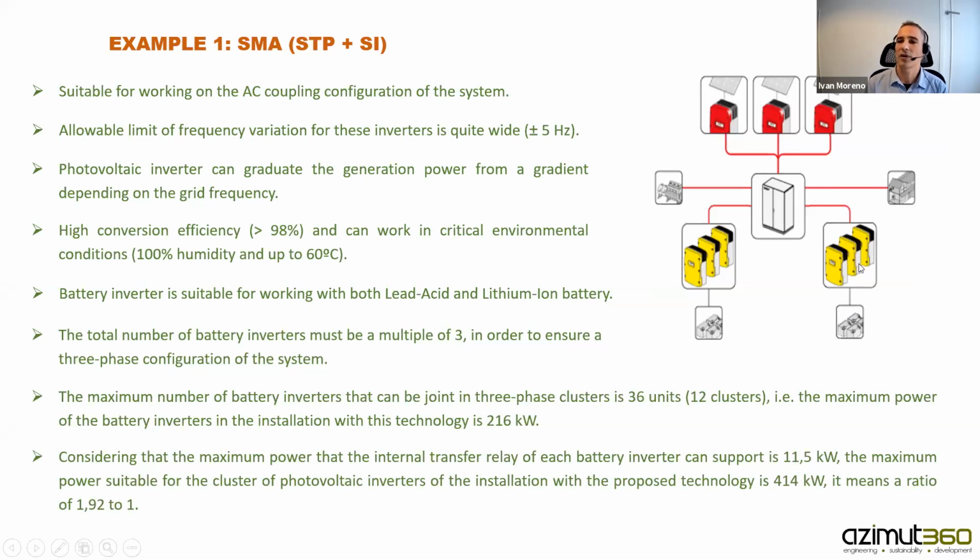And the box in the middle, we can see the multi-cluster box, can facilitate the connection of all these components. We can have in a big system a lot of devices, many inverters, many battery inverters.